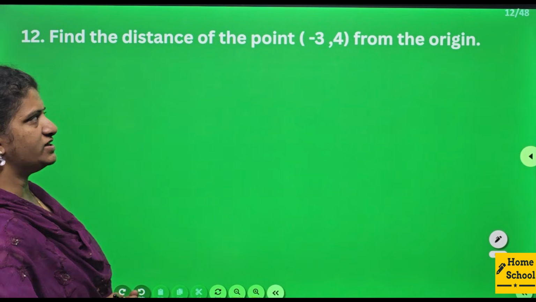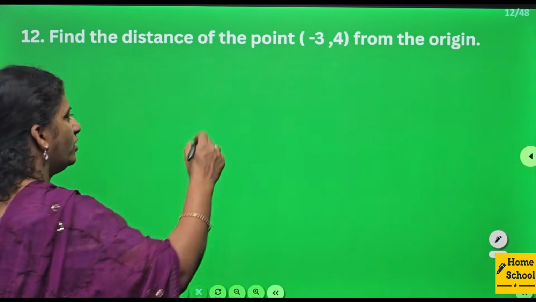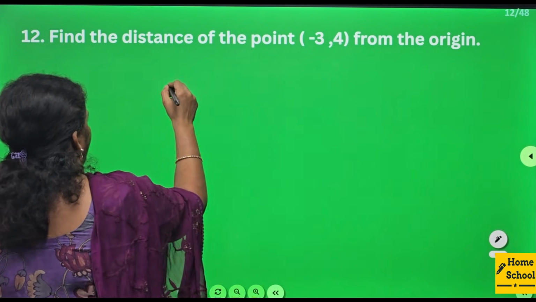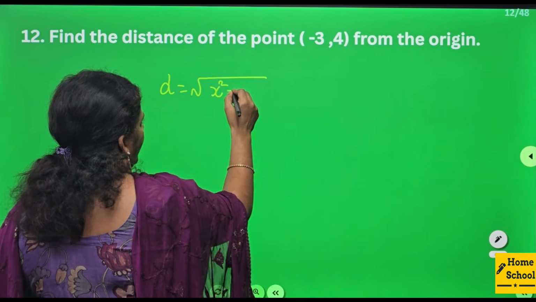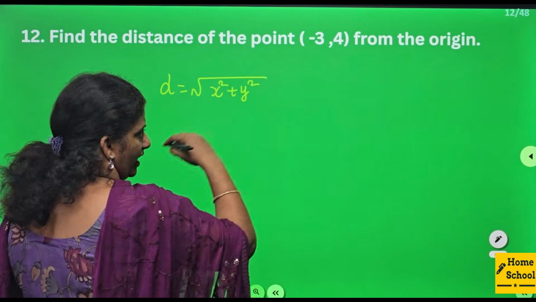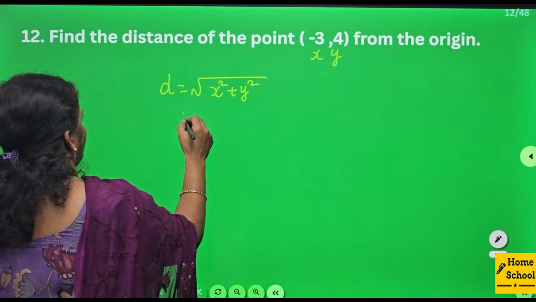12th one, find the distance of the point minus 3, 4 from the origin. We know the distance formula from origin is d is equal to square root of x square plus y square. The given coordinate, write it as x and y.